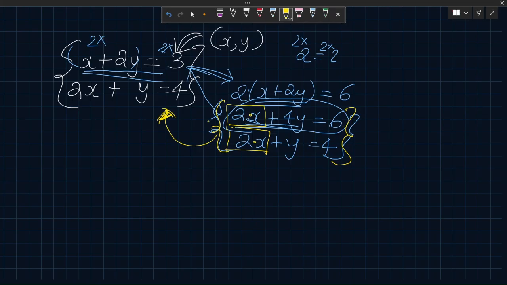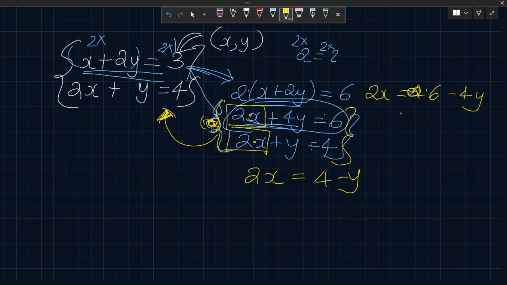So if 2 times x plus 4y is 6, then 2 times x must be 6 minus 4y. But at the same time, 2 times x should also be equal to 4 minus y, because I want a solution. I want a value of x such that both of these are satisfied at the same time.